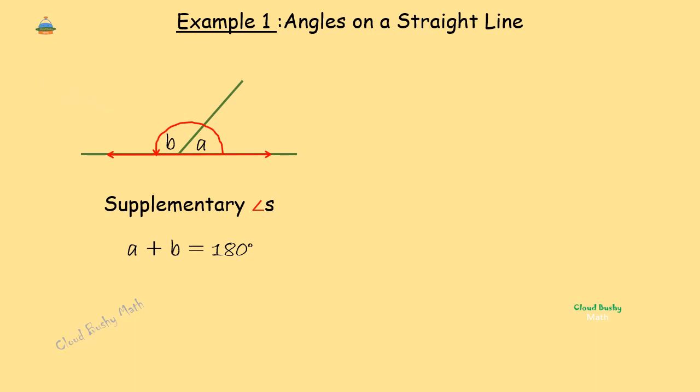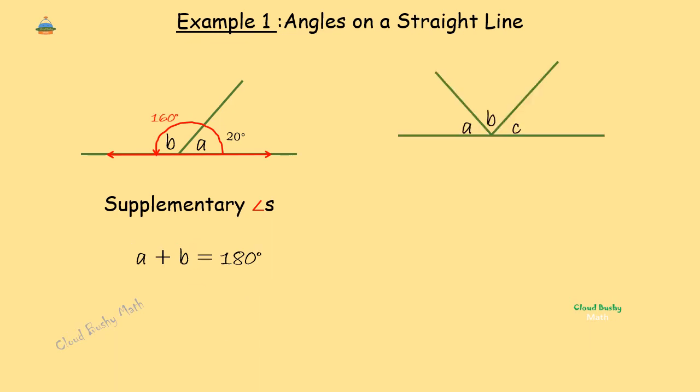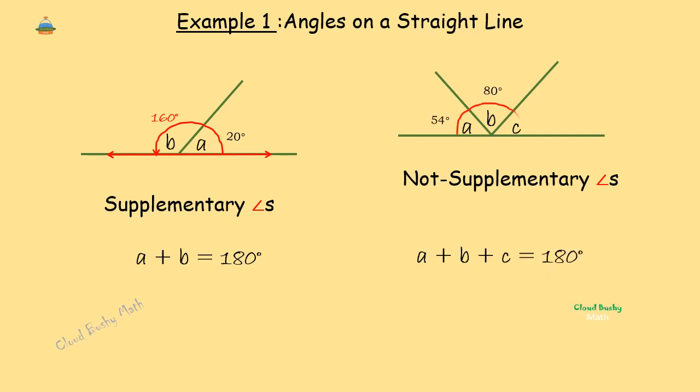So if we take A to be 20 degrees, then B should be 180 minus 20 degrees, which is 160 degrees. Now A, B, and C are not supplementary. Of course, A, B, and C are adjacent angles that sum up to 180 degrees.